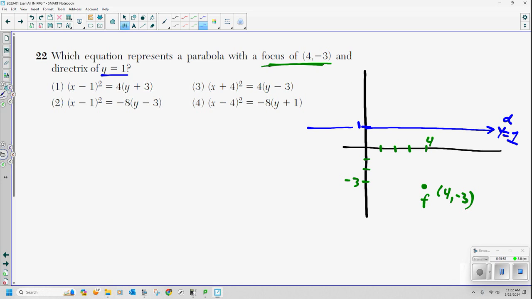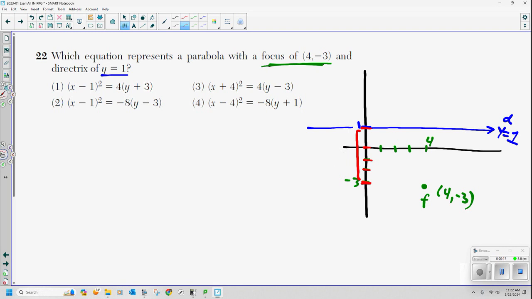My vertex is always smack dab in the middle. Okay? So how do I get from 1 to -3? That's a distance of 4. Okay? I go 1, 2, 3, 4. Half of 4, kids, is 2.